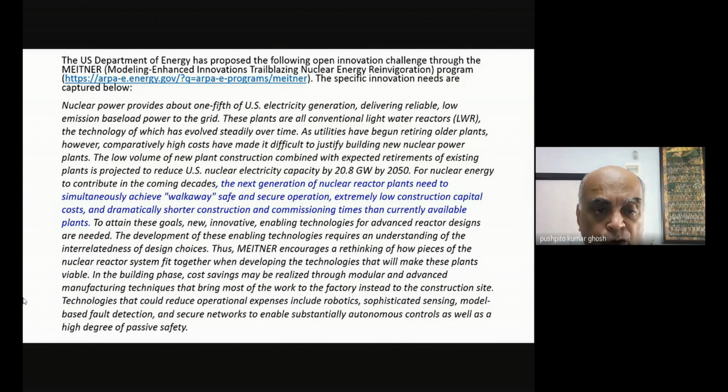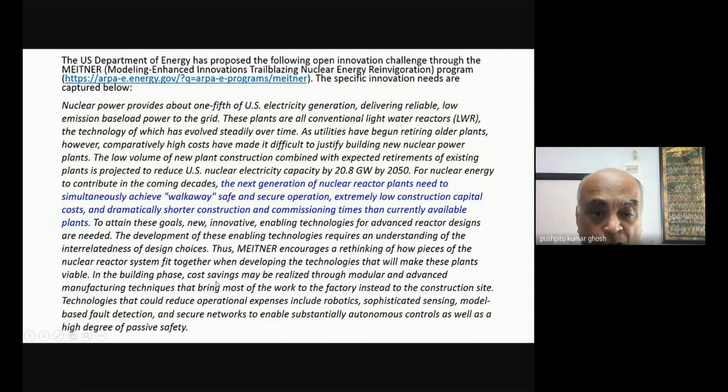To attain these goals, new innovative enabling technologies for advanced reactor designs are needed. The development of these enabling technologies requires an understanding of the interrelatedness of design choices. Thus, Meitner encourages a rethinking of how pieces of the nuclear reactor system fit together when developing the technologies that will make these plants viable.